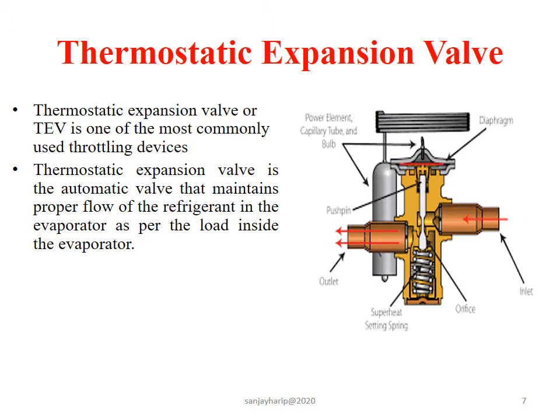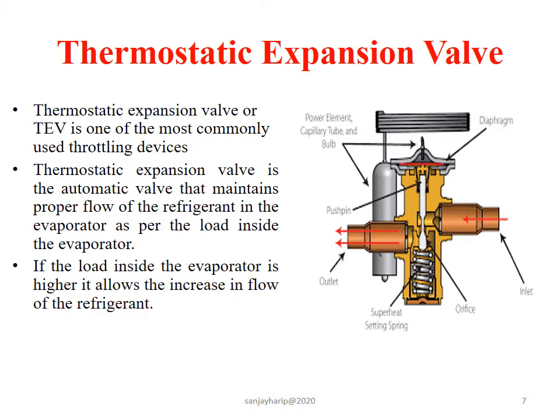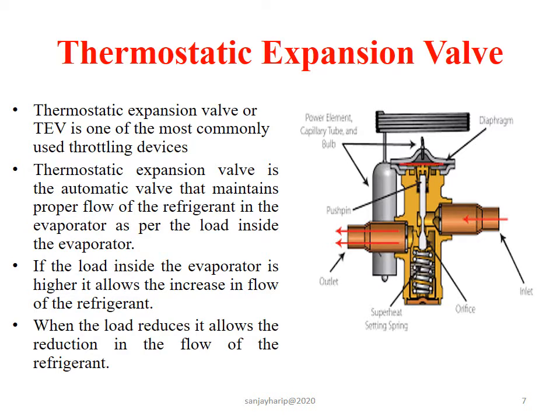The thermostatic expansion valve is the automatic valve that maintains proper flow of refrigerant in the evaporator according to the load inside the evaporator. If the load inside the evaporator is higher, then the expansion valve supplies more flow of refrigerant. When load reduces, it allows a reduction in the flow of the refrigerant.